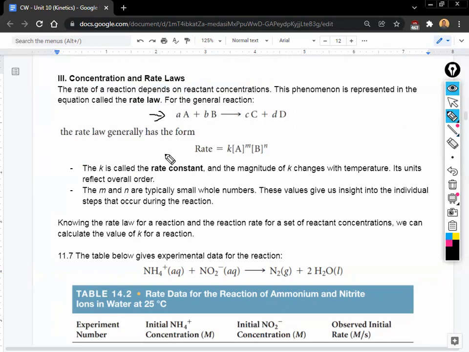So the general equation and the rate law, because that will tell you how to do it for every single reaction that we see. Okay. General reaction A plus B to C plus D. The rate law is just going to be the concentration of A, concentration of B times this K thing. We'll break this down in a second.